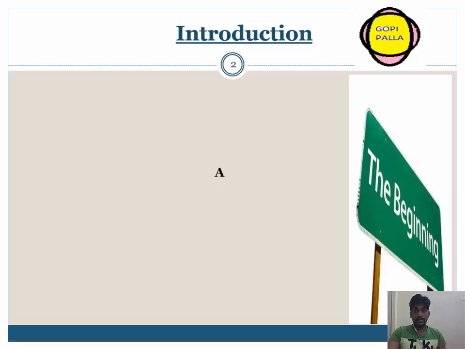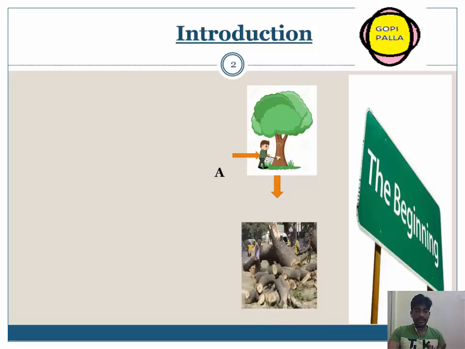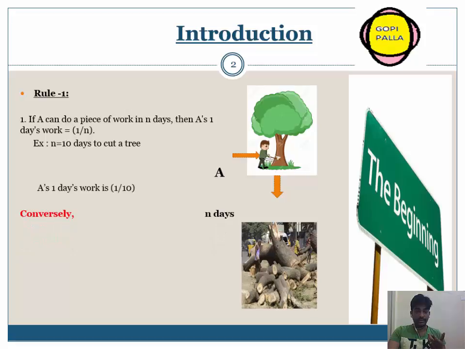First, there are three important rules behind the calculation of time and work related problems. If you remember these three rules, it is very easy to learn and solve the problems. For example, if a person A is cutting a tree, and it takes n days to complete the work, then 1 day's work is denoted as 1 by n.